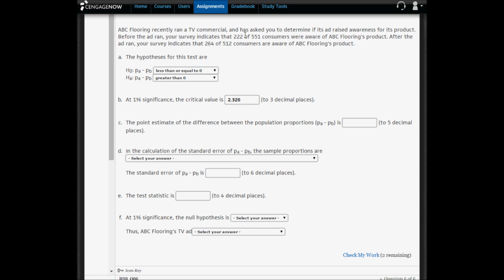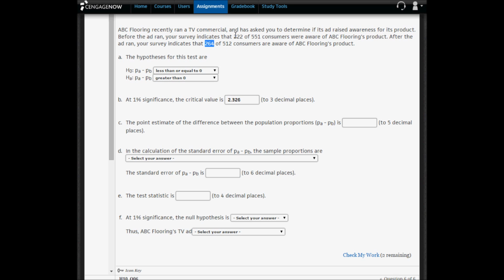Now, we have a sample of 551 consumers before the ad was run. And then we have a sample of 512 after the ad was run. 222 of the 551 consumers were aware of this product before the ad ran. 264 were aware of the product after the ad ran.